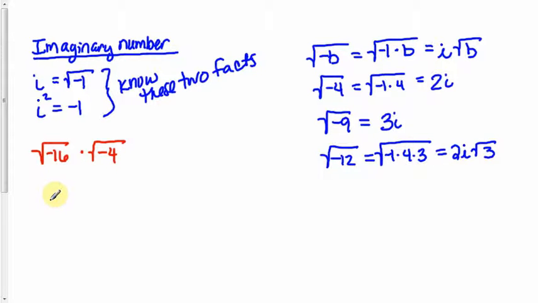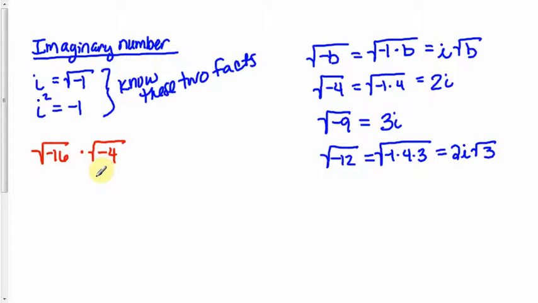Do not do that because this number is imaginary and this number is imaginary. And when you apply that property, you all of a sudden erase the fact that you were multiplying two imaginary numbers to begin with. Okay?